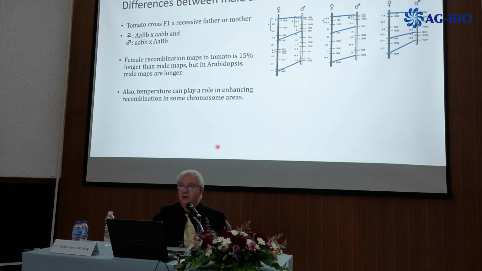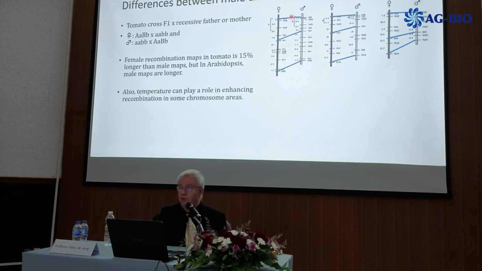But crossover is not something like a very stable, easy to understand phenomenon. First, there are differences between male and female maps, and that phenomenon is not always the same. This is an old picture from, I think, 1977, but I love it, in which De Vicente and Tanksley made the heterozygous backcross with the tester line for the female, and in the male, they just took the reciprocal, so they used the tester line for the backcross, and they used the pollen, the male parent, for the heterozygous.